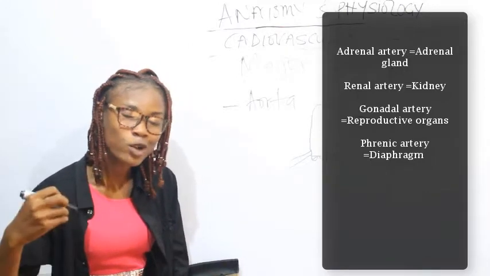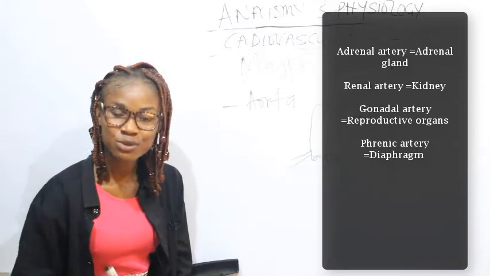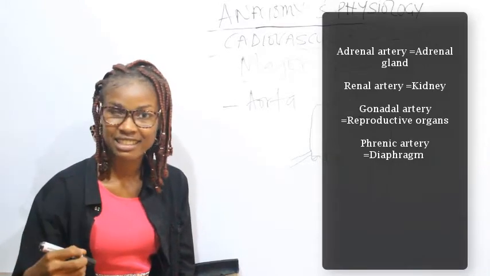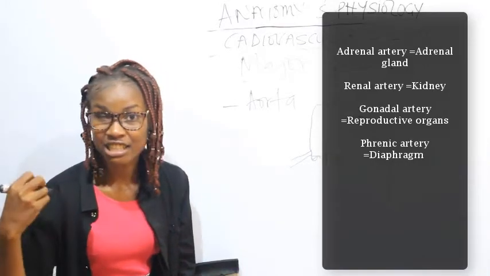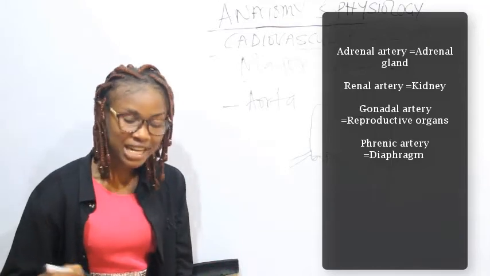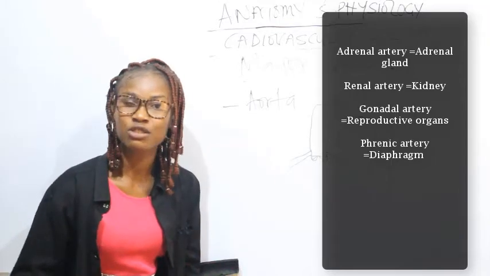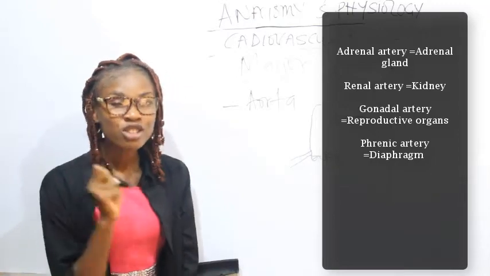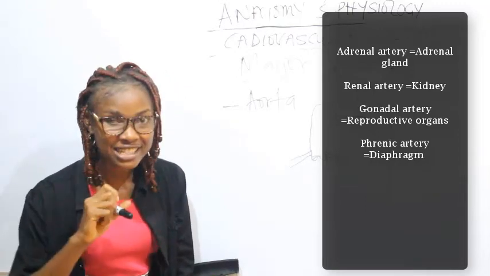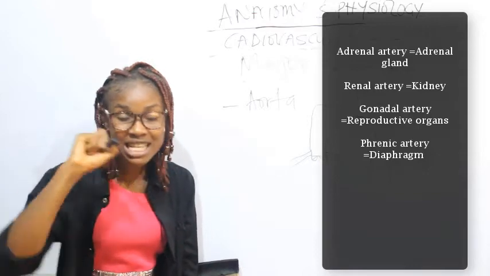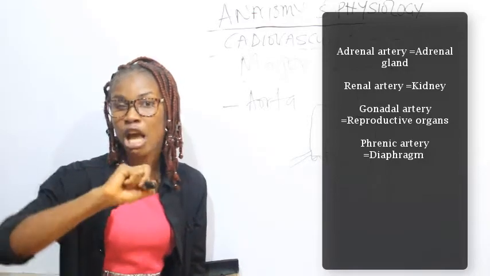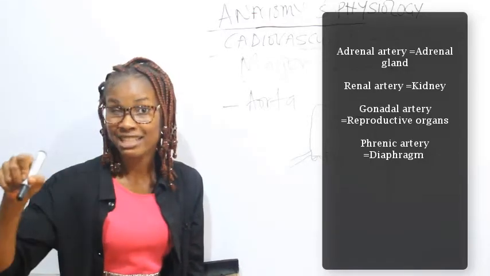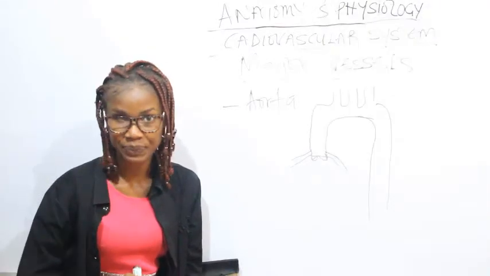When I hear gonadal, I know it has to do with the reproductive organs, where we have the testes and the ovary. When I hear phrenic artery, I know it has to do with the diaphragm. You get it. So, we are not just trying to memorize. Once you relate the name of this artery to their organs, you'll be able to identify them.